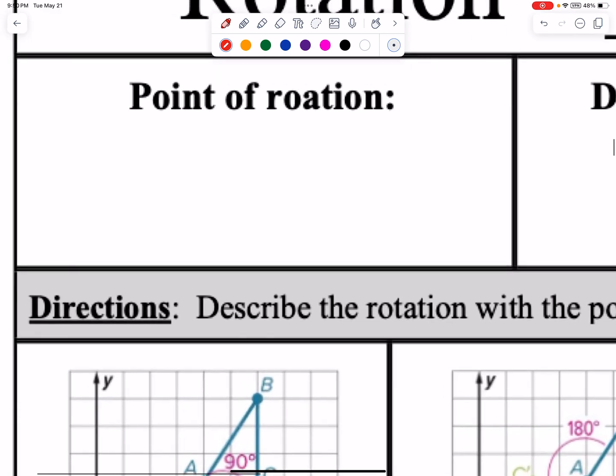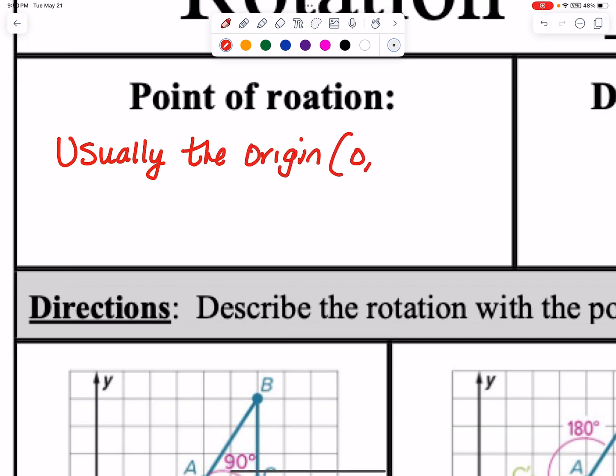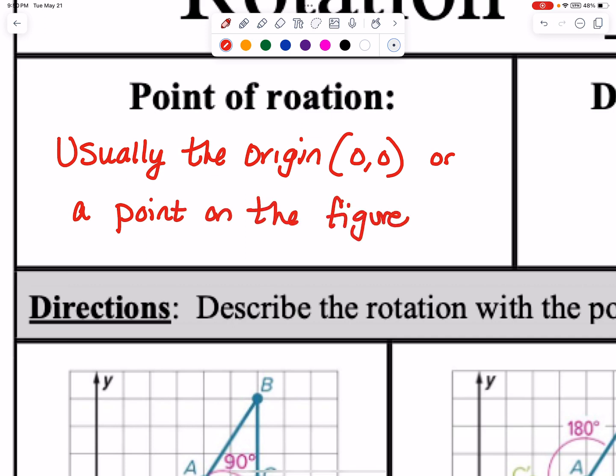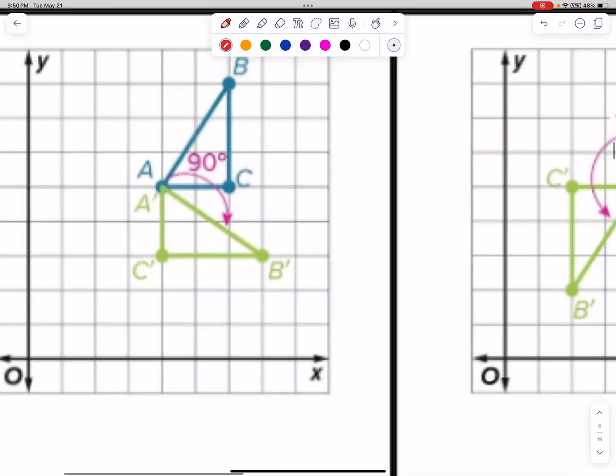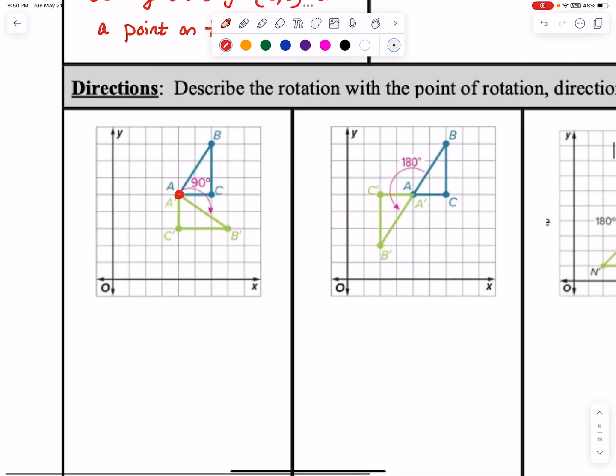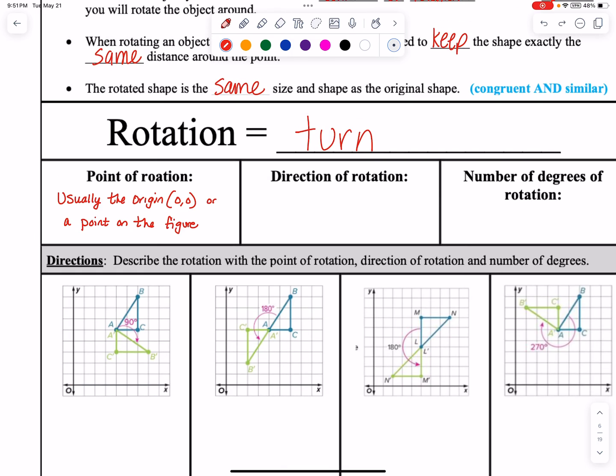So the point of rotation is usually the origin, and I would put in parentheses 0, 0, or a point on the figure. So what that means is we could rotate around a point, or we could rotate around the origin. You just have to read the directions and see what it's asking you to do.